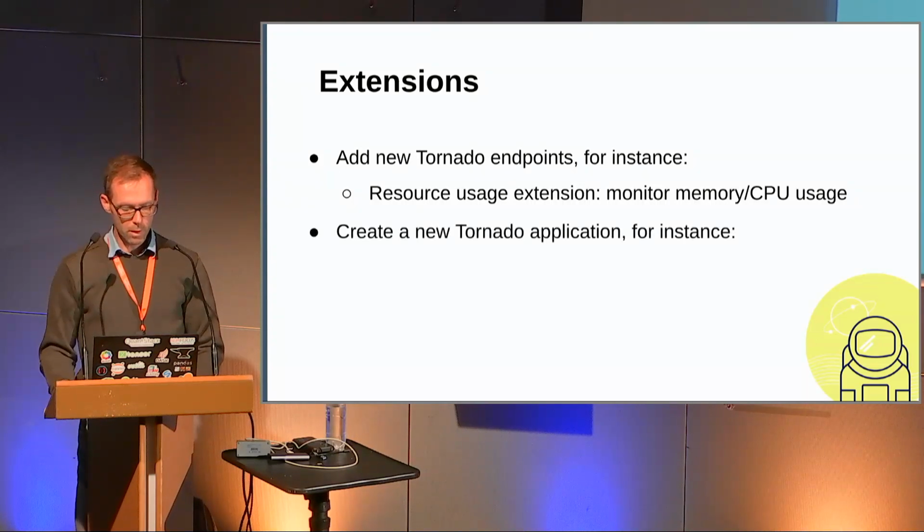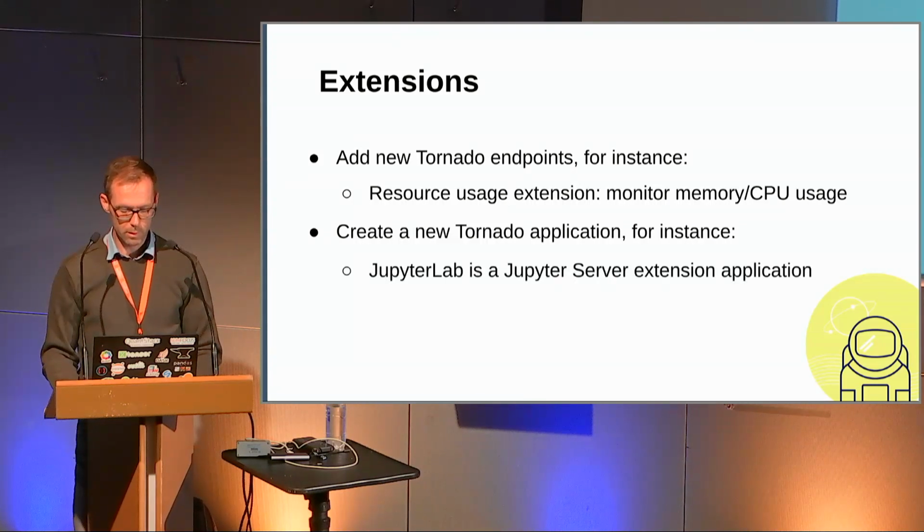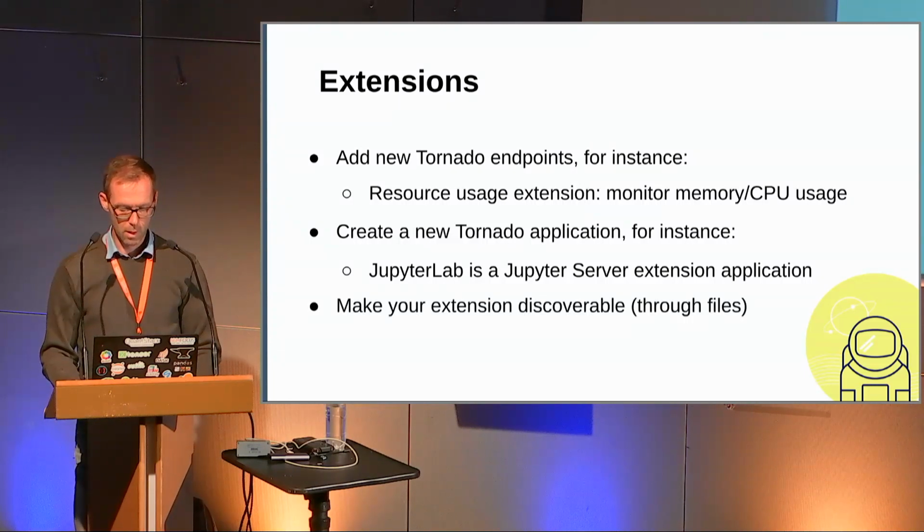Or you can create a whole new Tornado application, and that's, for example, the case of Jupyter Lab. Jupyter Lab is a complex application, so it's a whole new Tornado application. And then you have to make your extension discoverable through files, as I showed earlier.